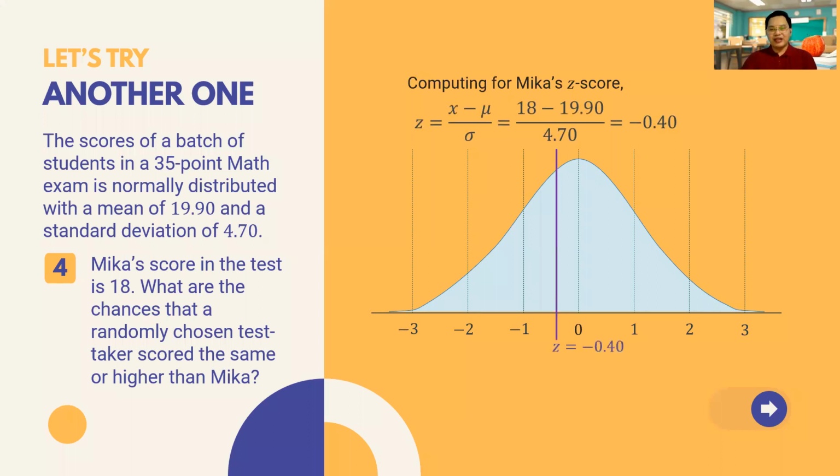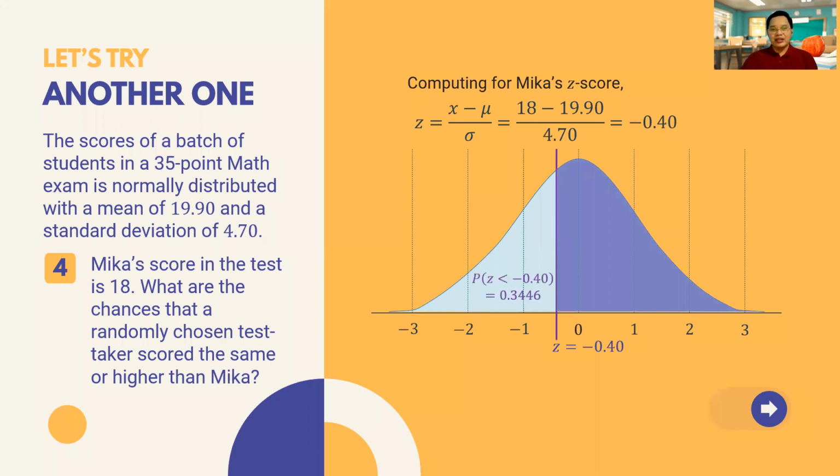And identifying that position along the x-axis, we can draw the vertical line to separate the total region into two parts, that to the left and that to the right. But based on what is asked, we're actually interested in scores that are higher than Mika. So we're interested in the region to the right of that line. And that's basically that region.